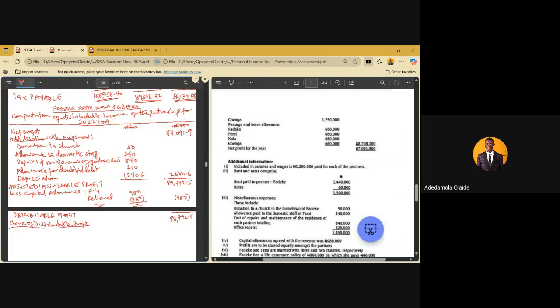Basically 22,198.125. Share of equity distributable.